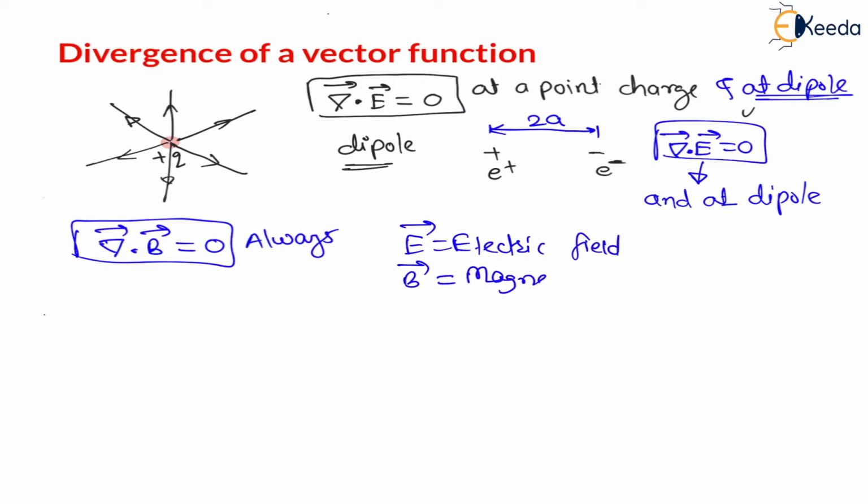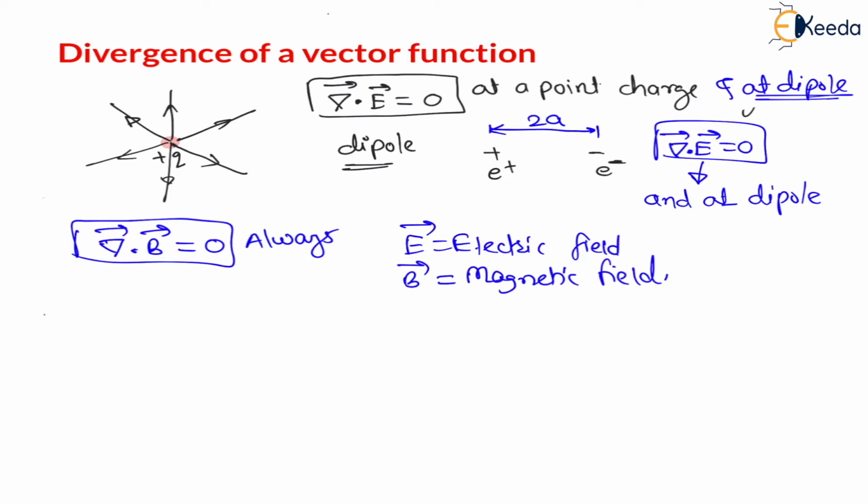We will prove that the divergence of the electric field at a point charge as well as at a dipole is 0, but in other conditions it is not 0. But for the magnetic field, the divergence is always 0.